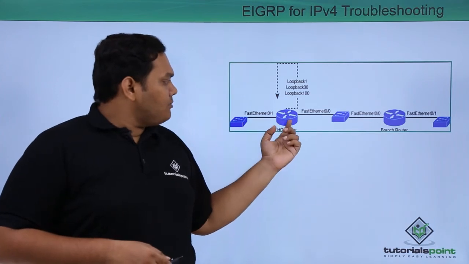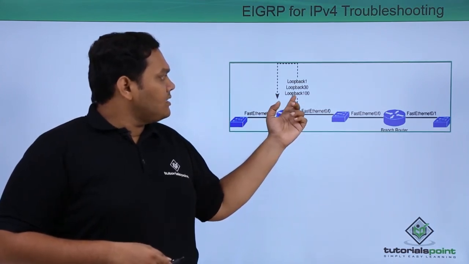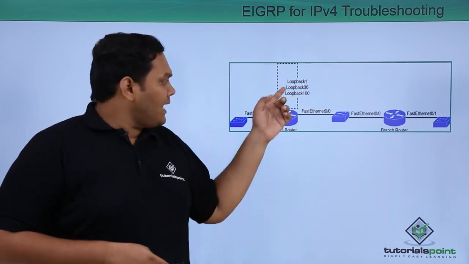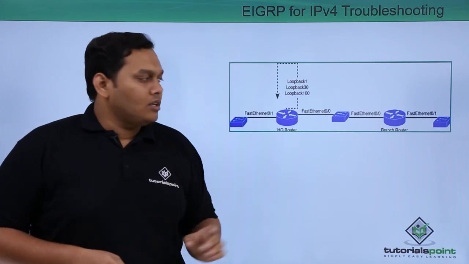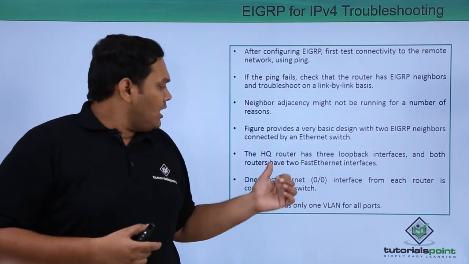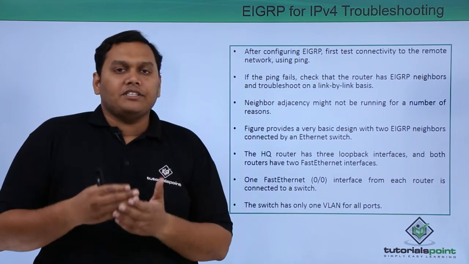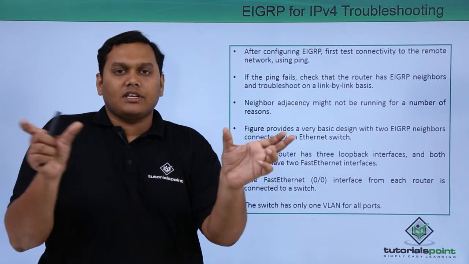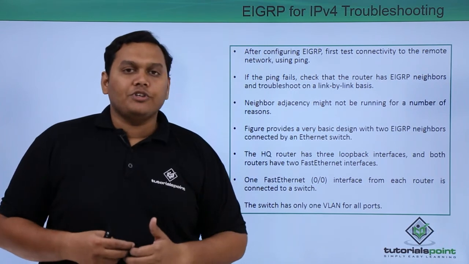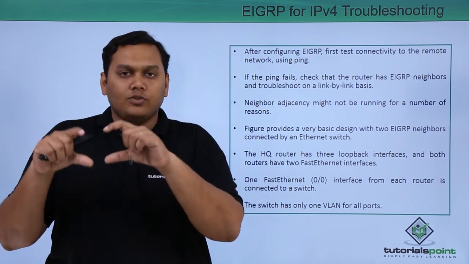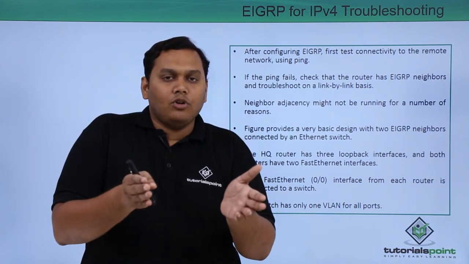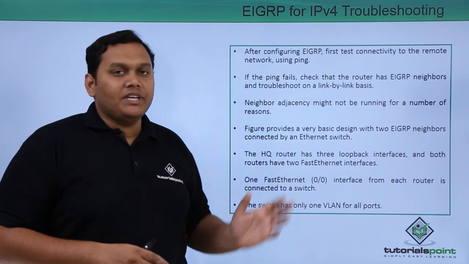The headquarters router has three loopback interfaces, and both routers have two FastEthernet interfaces. One is connected to one switch, another is connected to another switch, and one FastEthernet of each router is connected to a switch. Here 0/0 is connected to the switch, and the switch has only one VLAN for all the ports.